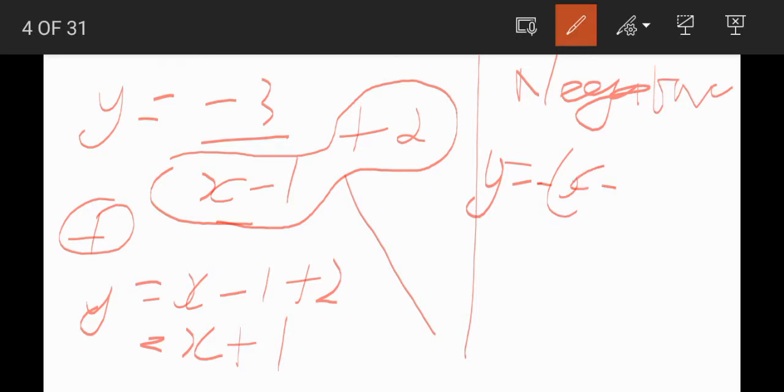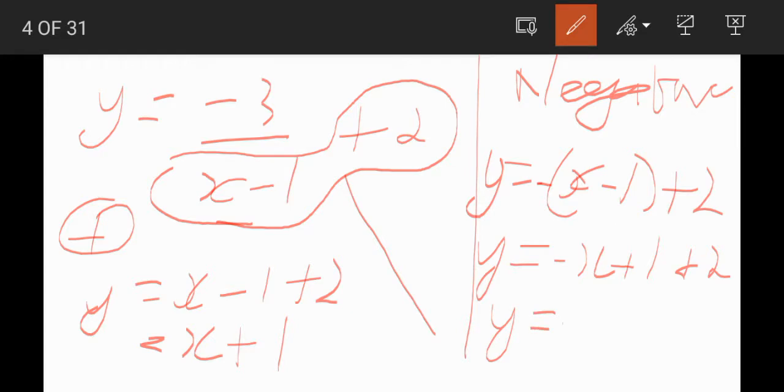So x minus 1 plus 2, right? Then now we have y is equal to negative times x is negative x. Then negative times 1 is positive 1 plus the 2. Then you have y is equal to negative x plus 3. Now this is your correct answer.